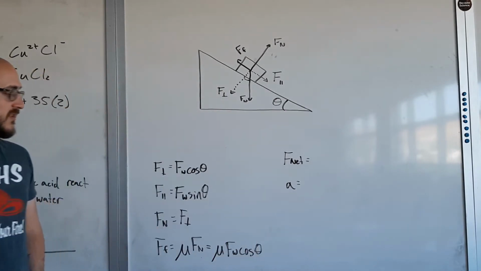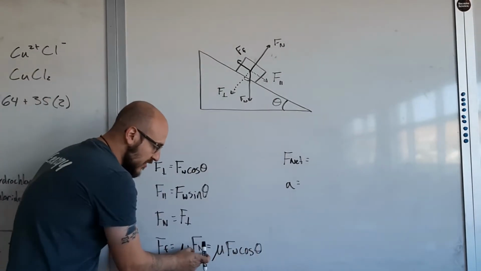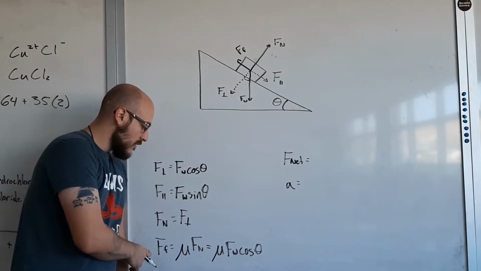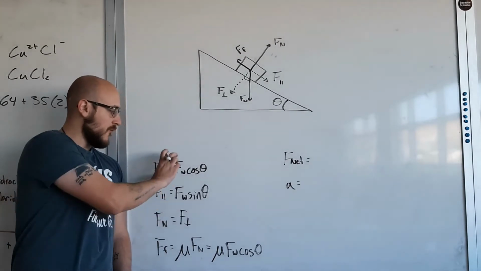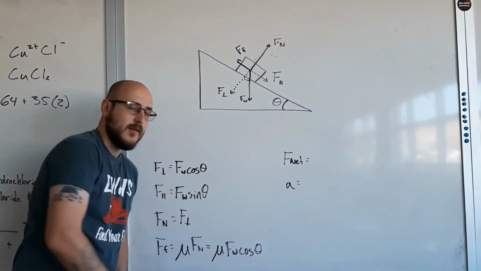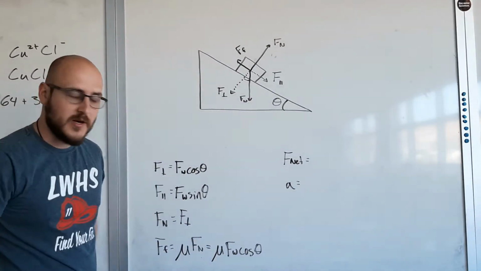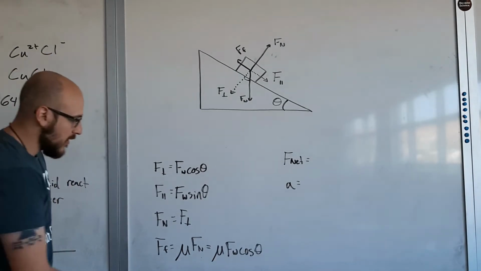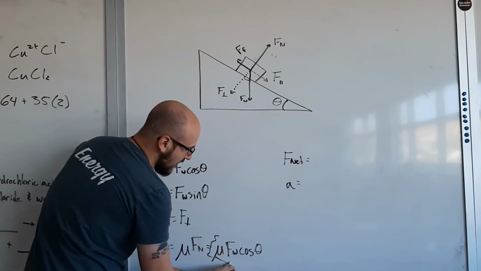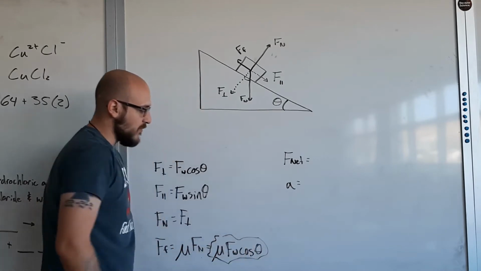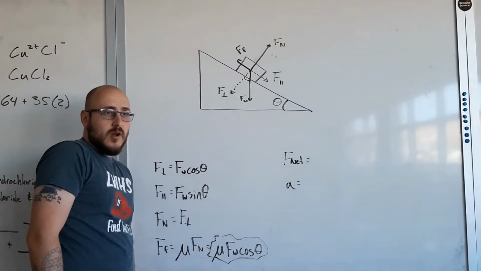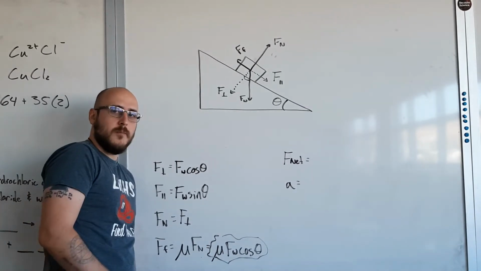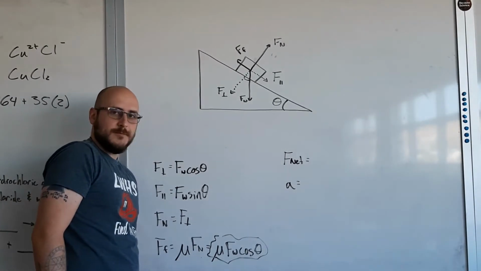So this is another formula for friction where you're just substituting in what your perpendicular component is for your normal force, because those two are equivalent, just in opposite directions. So we've got a formula for friction now. The size of that and the direction it's going will change depending on which way your object is moving and how rough your ramp is. But we do have a formula for it that we can use.